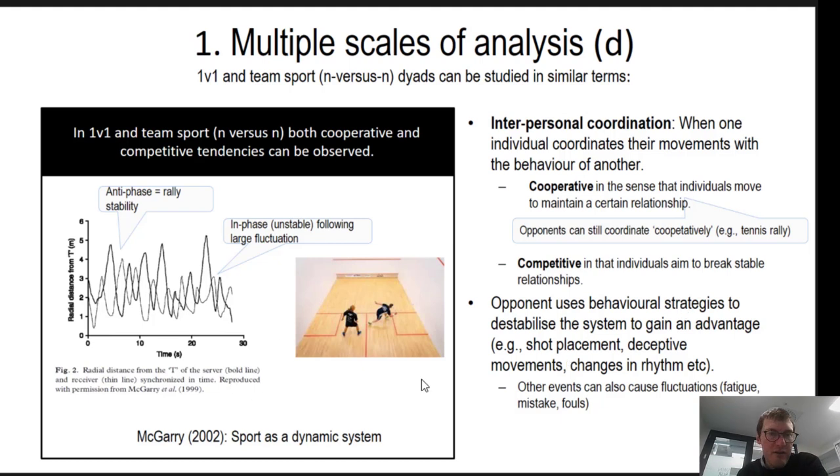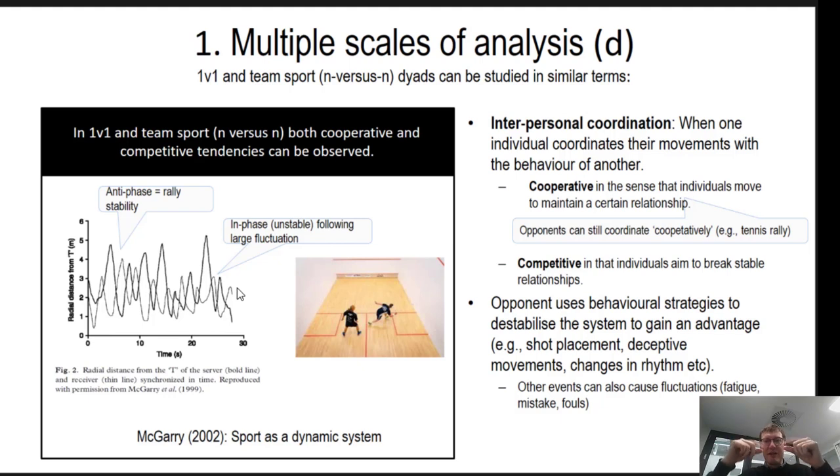And on the figure here, what we have in this data set are examples of in-phase and anti-phase relationships, or behavior, of two people playing squash. So we learned about in-phase and anti-phase last week, where an in-phase intrapersonal coordination pattern was between two fingers.